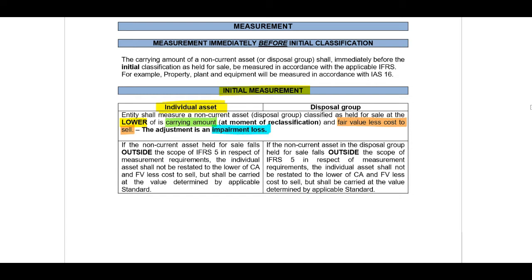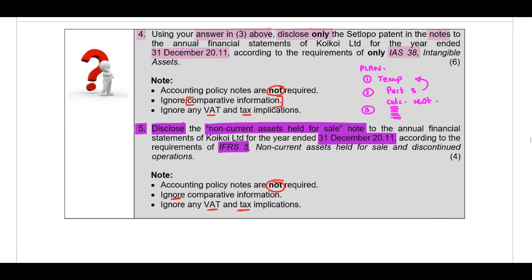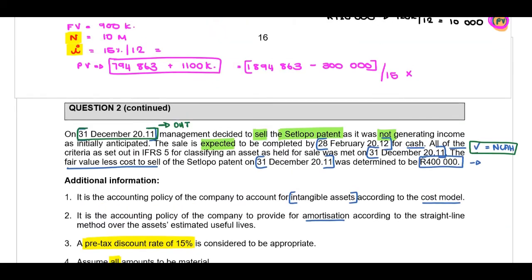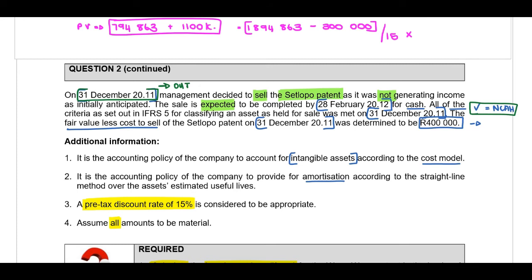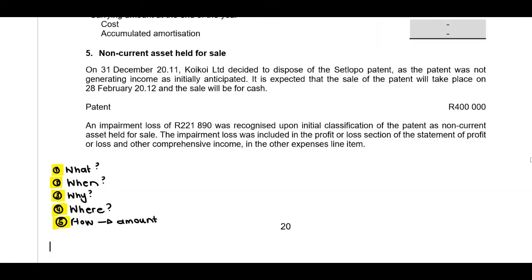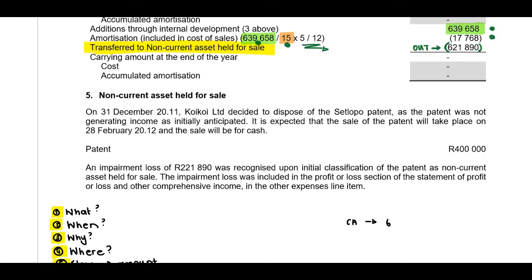Therefore, if we look at the requirement, we need to disclose the note for the end of 31 December 2011. We know from the information above that the carrying amount of our asset will be 621,890.